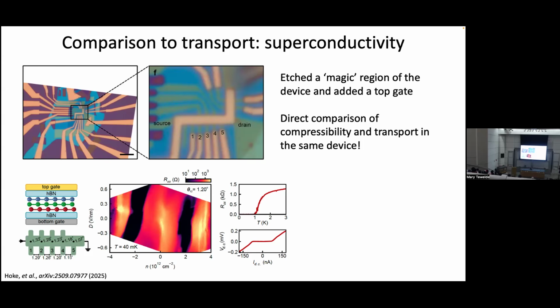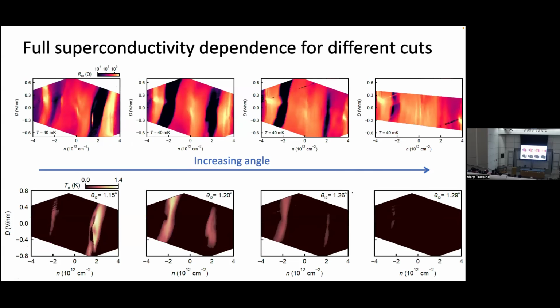This is now Rxx as a function of carrier density and applied displacement field because we've added this extra top gate there. And now we patterned our device so that you can look as a function of twist angle between different contact pairs to see how the superconductivity varies from contact pair to contact pair, to do this as systematically as we can, given the constraints of the moiré world. And without belaboring the point, you can look as a function of increasing angle.